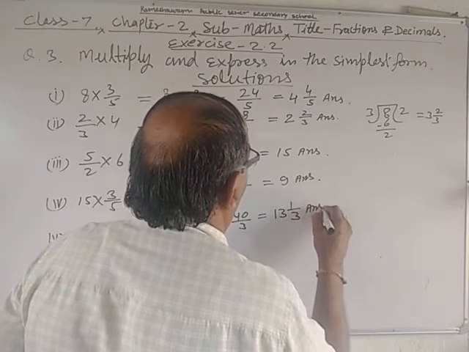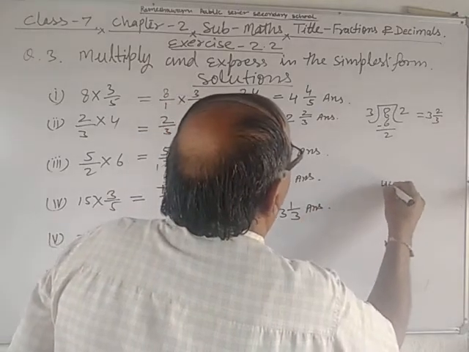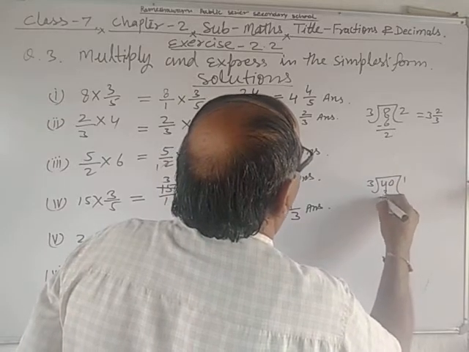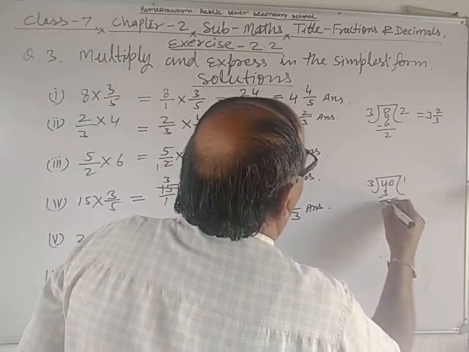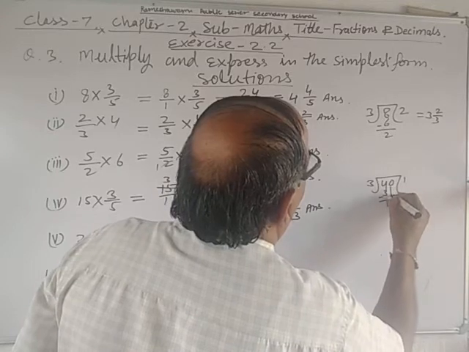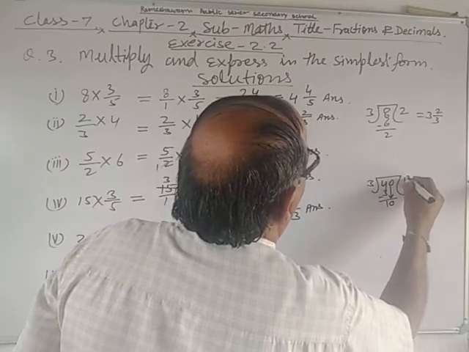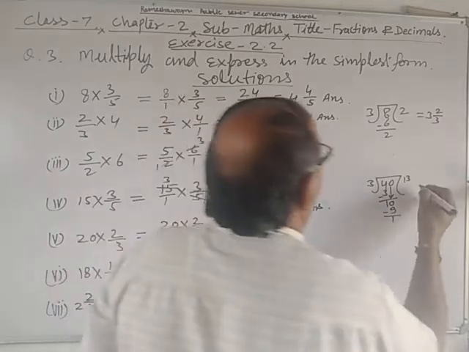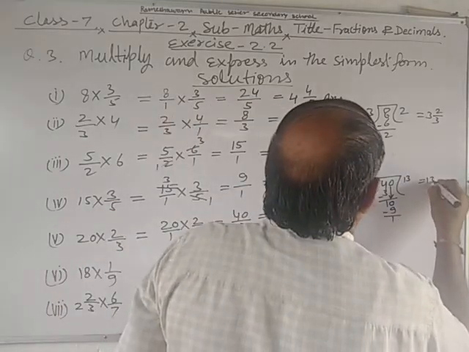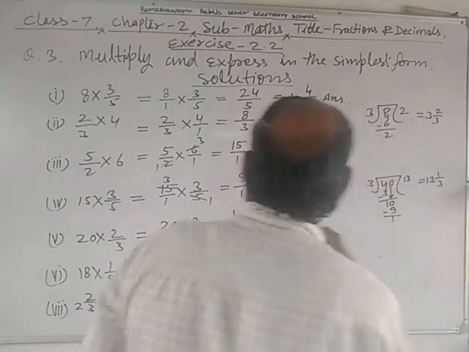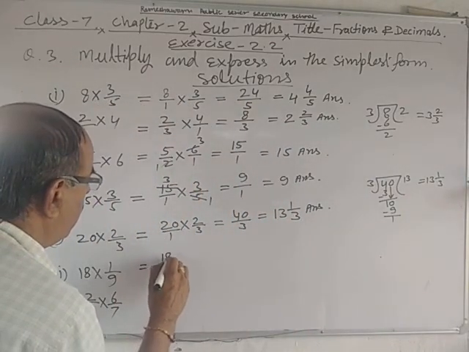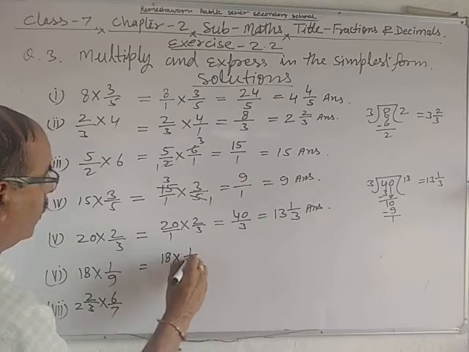Answer. 40 divided by 3, 3 ones are 3, minus, remaining 1, carry 0, 3 threes are 9 minus 1, equal to 13, 1 upon 3. Answer.